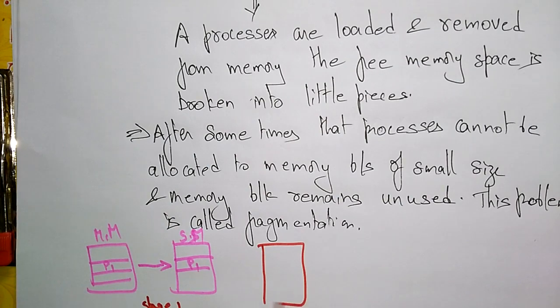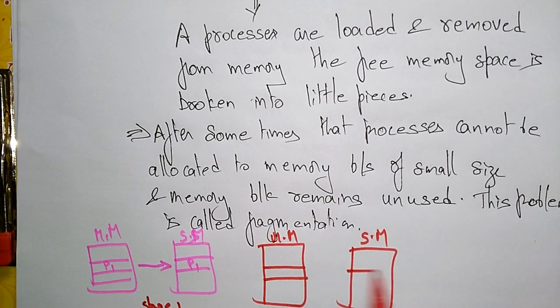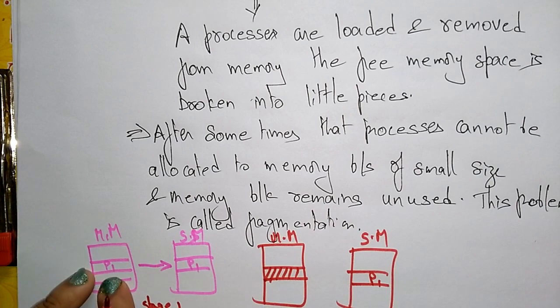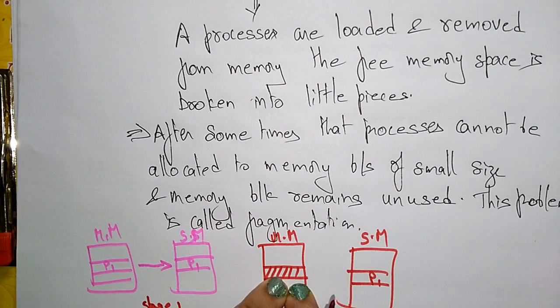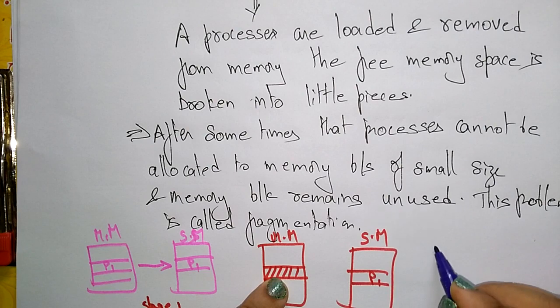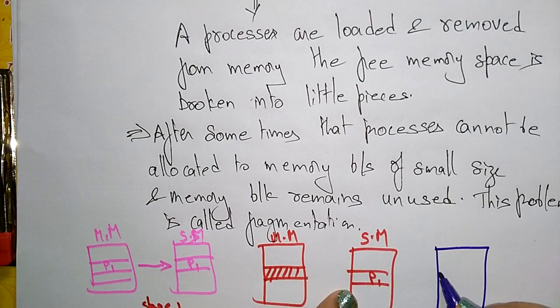Here is the main memory and this is the secondary memory. The process P1 is stored in secondary memory, and the space removed from main memory becomes free space, because I moved P1 to secondary memory. This free space will be broken down into small pieces whenever the data is moved.